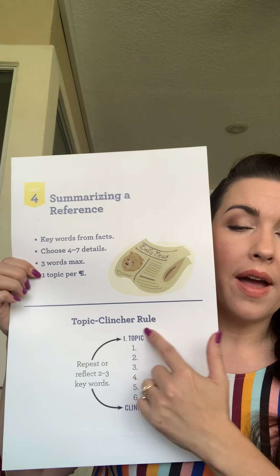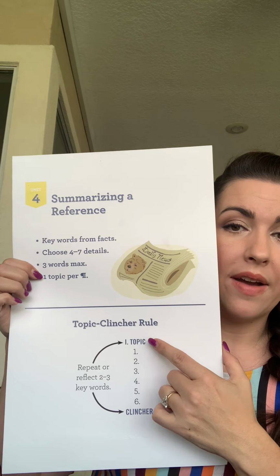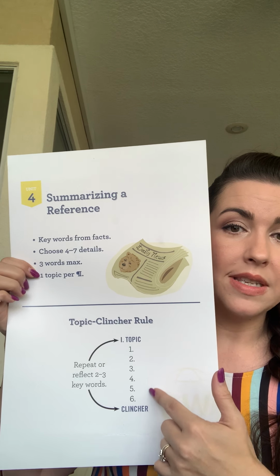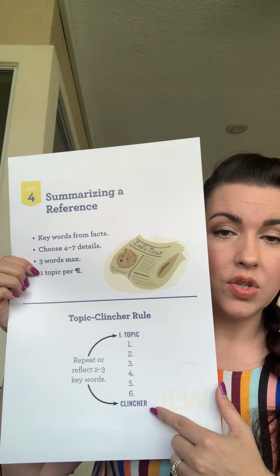This is what your outline looked like when you started doing this unit of summarizing a reference. You have your main topic, you're giving 4 to 7 details, and then at the bottom of that outline, you have this word clincher.